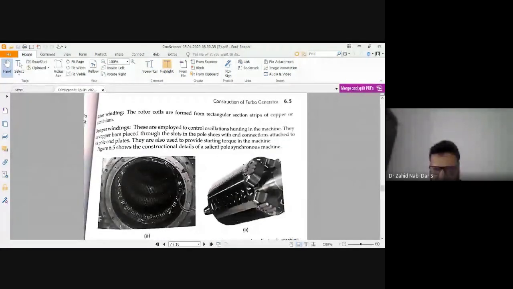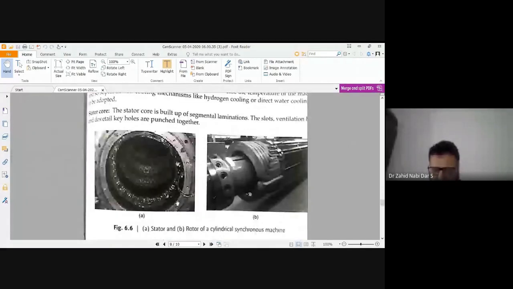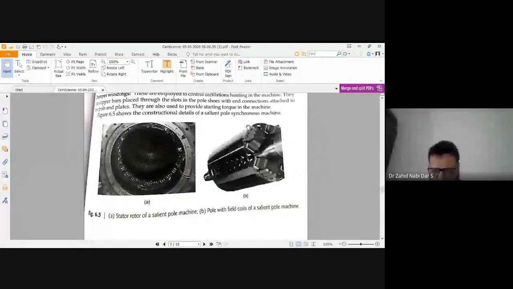You can notice the diameter of the rotor is thicker and the length is smaller here, but here the length is larger and the diameter is comparatively low compared to this diameter.